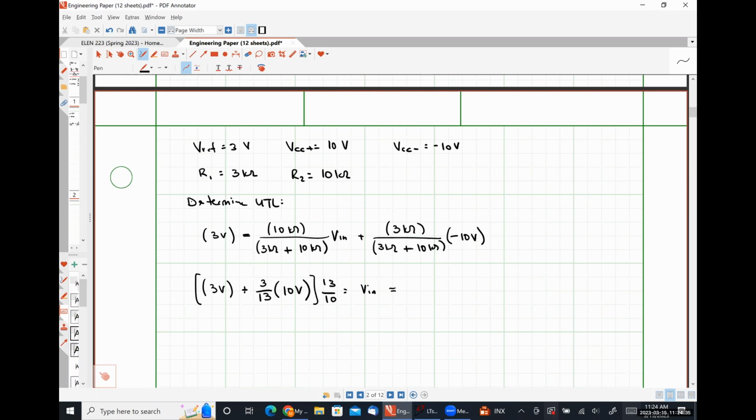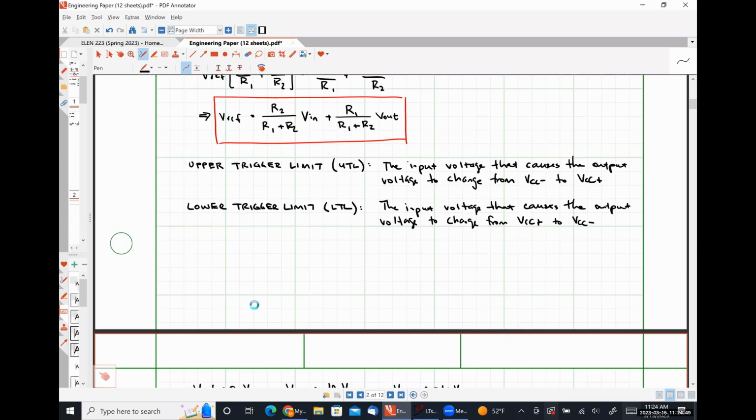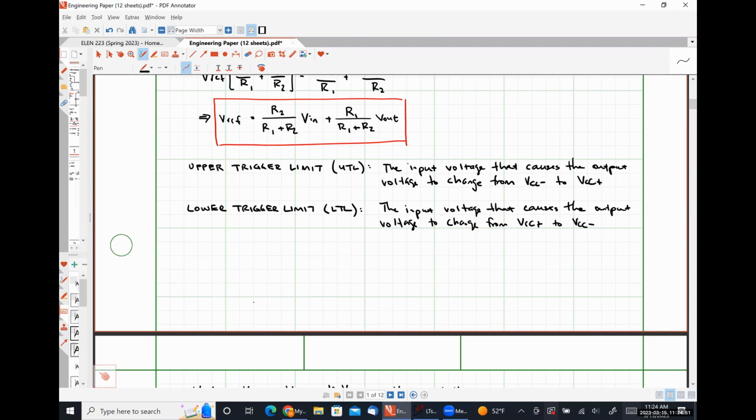Three plus 30 over 13. All of that times 13 over 10. We are trying to figure out what voltage causes our output to change from VCC minus to VCC plus.